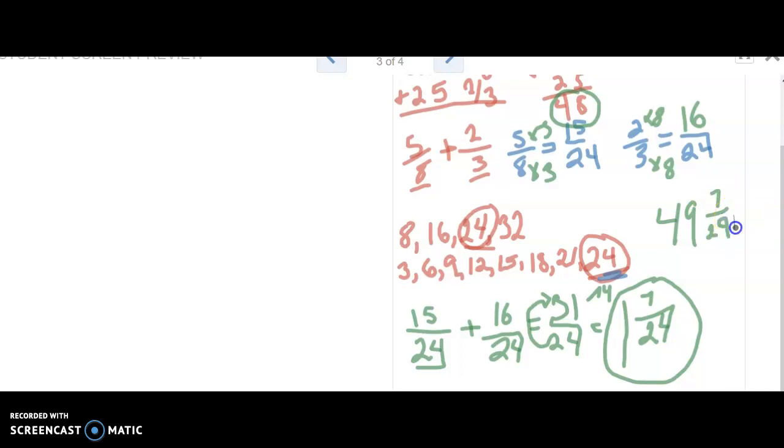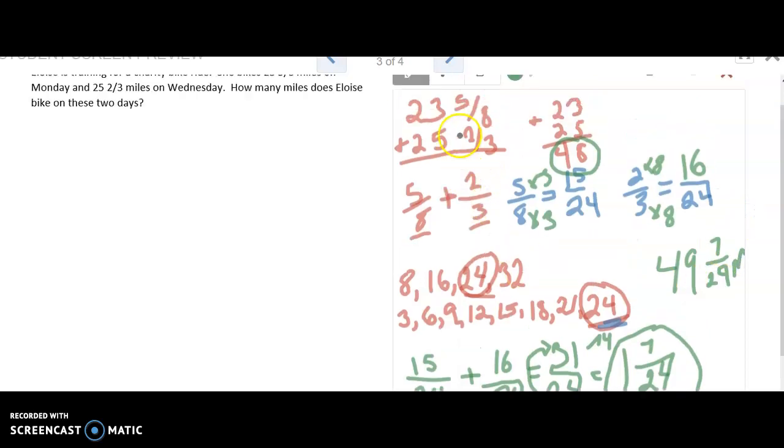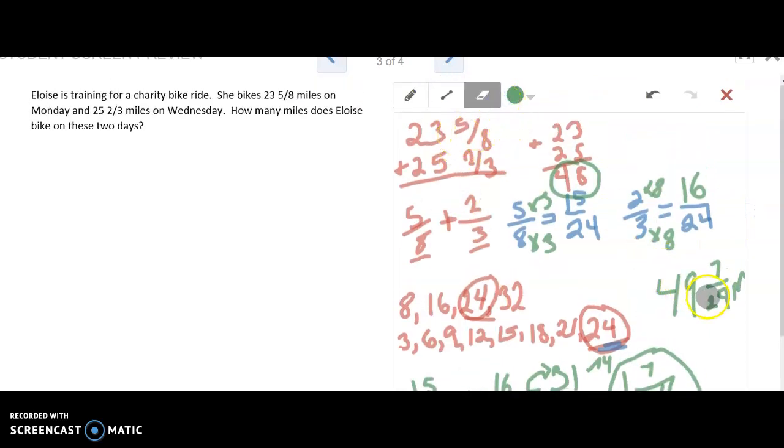So Eloise, oh, I don't like that 24. Let me fix it so it's nice and clear. Let me rewrite that part. I have to make sure we can see it. 7 over 24. And this is miles. So Eloise rode 49 and 7/24 miles all together on Monday and Wednesday.